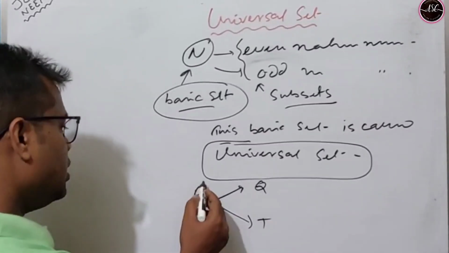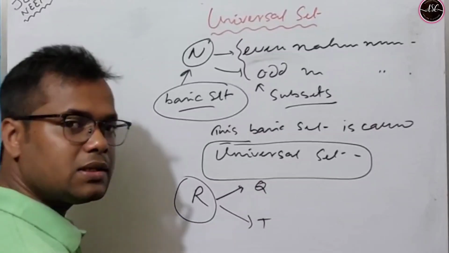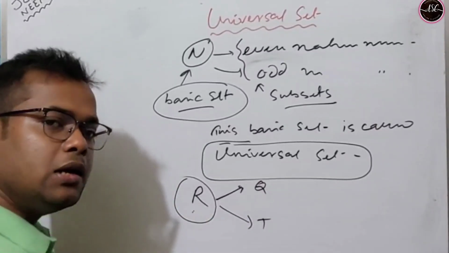These are the subsets, but this is the basic set. So R is the universal set.